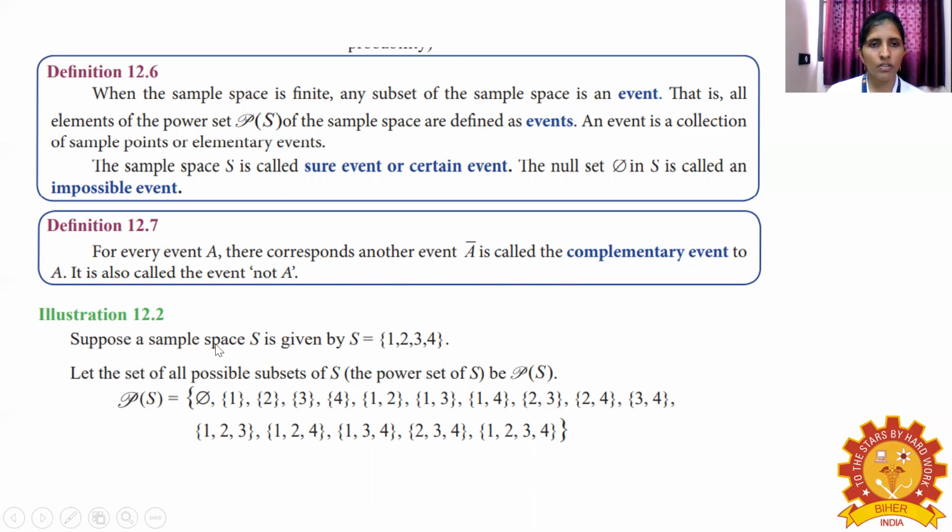For example, suppose a sample space S is given by S = {1, 2, 3, 4}, and let the set of all possible subsets of S, the power set of S, be P(S). So P(S) is equal to the null set first, then {1}, {2}, {3}, {4}, and then the two-element sets: {1,2}, {1,3}, {1,4}, {2,3}, {2,4} and {3,4}. Then the three-element sets: {1,2,3}, {1,2,4}, {1,3,4} and {2,3,4}, and finally the set with all four elements.